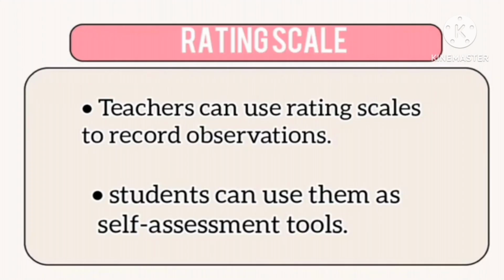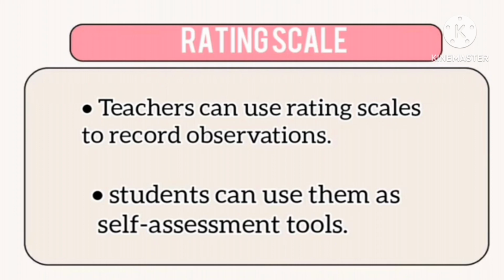So, teachers can use rating scales to record observation, while students can use them as self-assessment tools, like a self-check, so that the students will know how far they have learned. For teachers, they can use rating scales to record observation for them to know if the students meet the criteria.